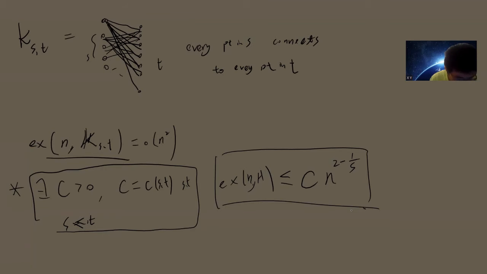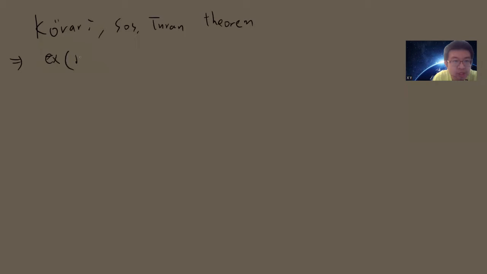This is the theorem that we are going to prove. It is due to Kővári, Sós and Turán: the Kővári–Sós–Turán theorem. It says the following: the extremal number ex(n, K_{S,T}) is less than or equal to some constant C times n to the 2 minus 1 over S, where S is less than or equal to T. The rest of the video is proving this theorem. Let's go to a break.